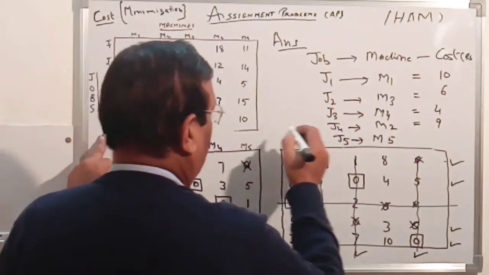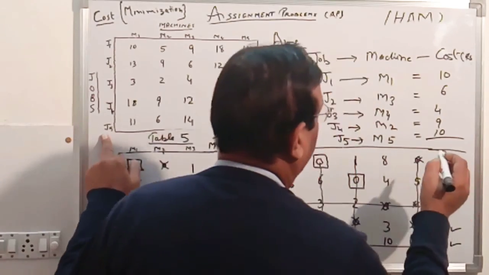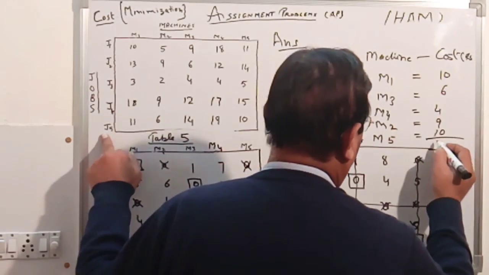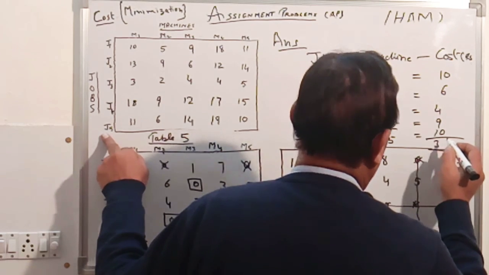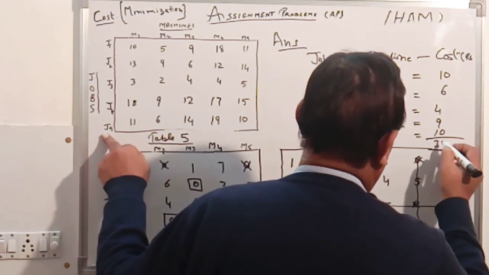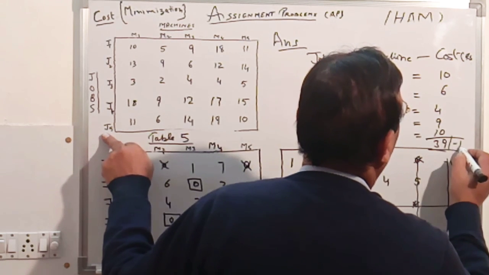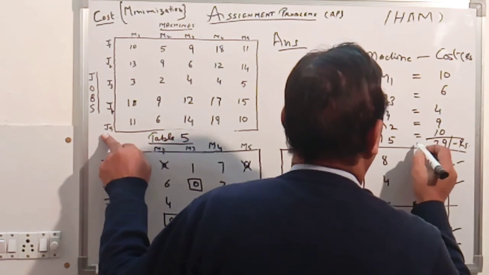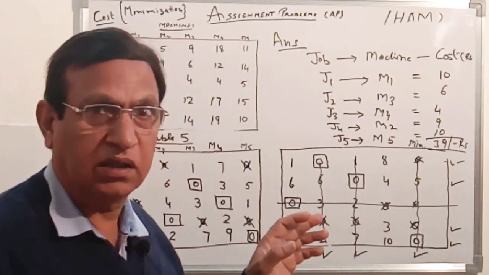J5 M5, the cost is 10. So the total is 16, 20, 30, 39. So this is your minimum cost and this is your optimum result.